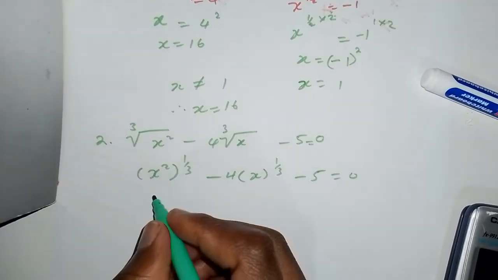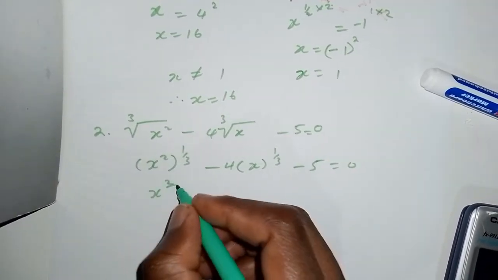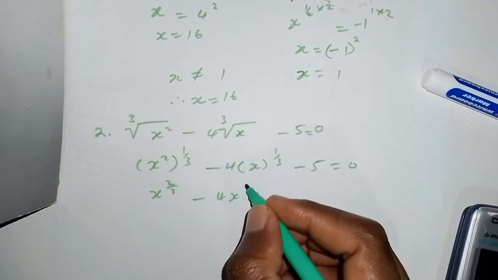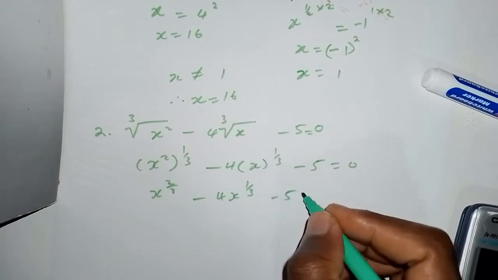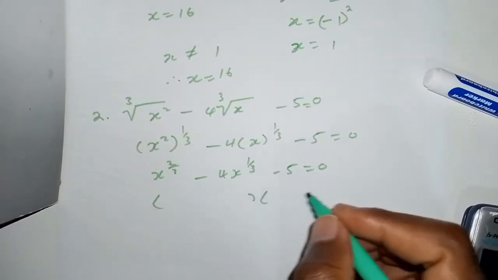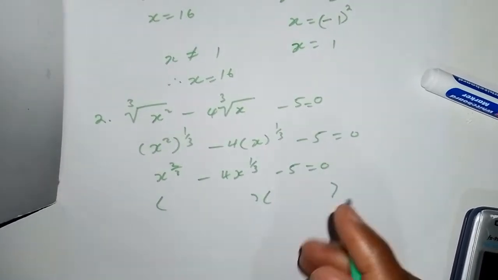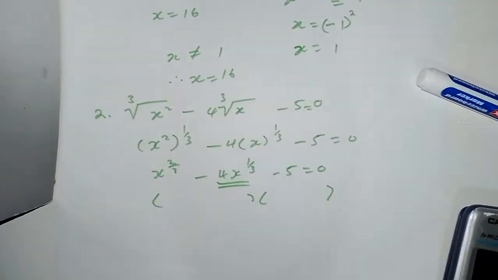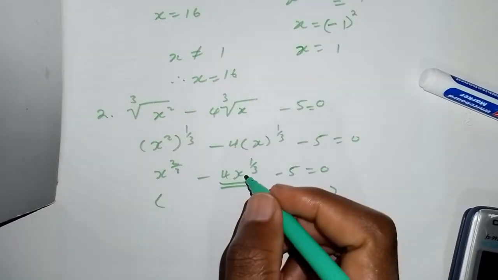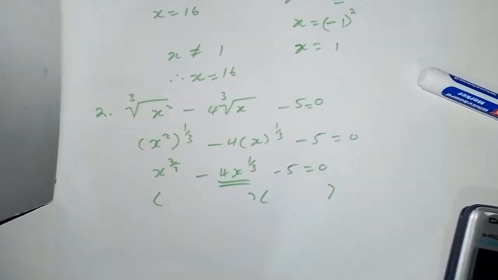I can just say this will give me x to the power 2 over 3 minus 4x to the power 1 over 3 minus 5, and this is equal to 0, right? Factorizing again. In most cases, in always the cases, please check this one. The middle term will guide you.